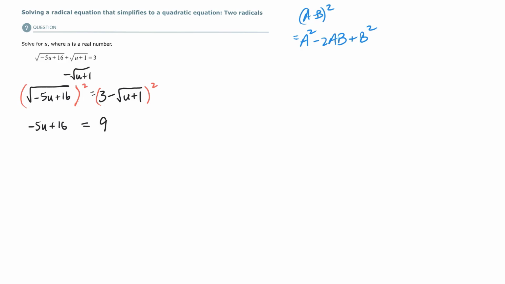We're going to do 3 times the square root of u plus 1, double it, and then subtract it, and then square the last term. When you square the last term, you simply get plus the quantity u plus 1. We want to isolate the radical again, so let's collect like terms and simplify this. You've done this probably a billion times, not a big deal.